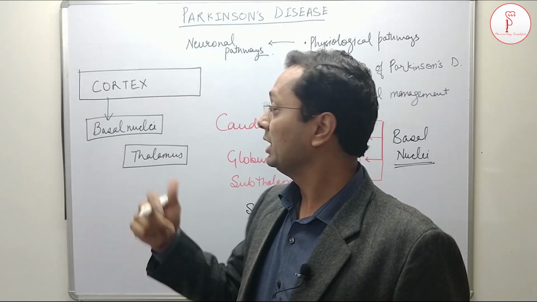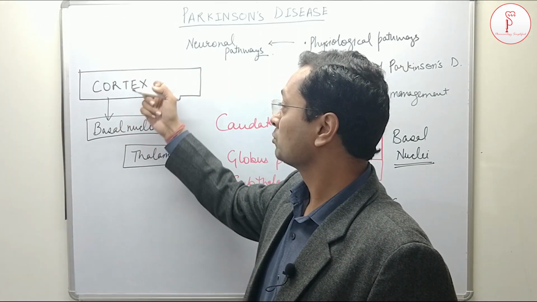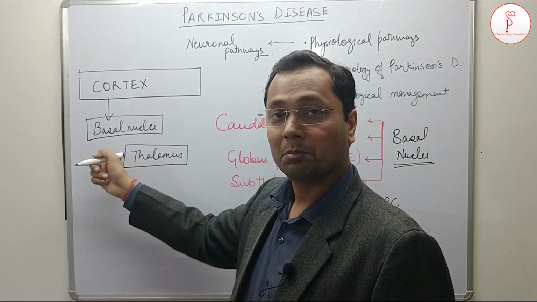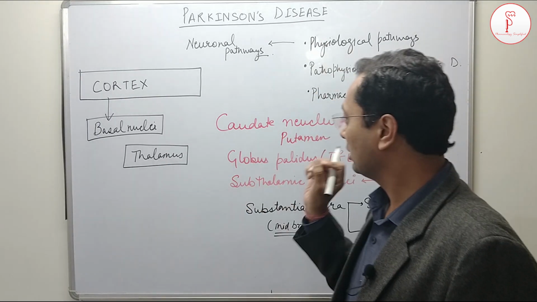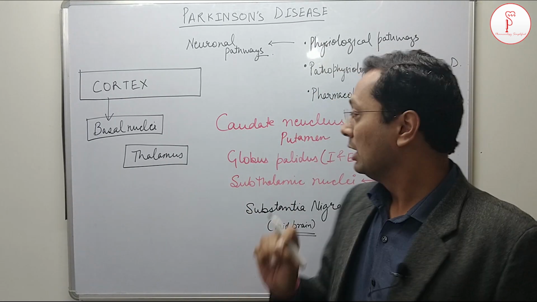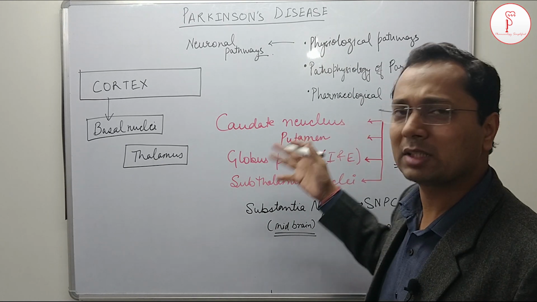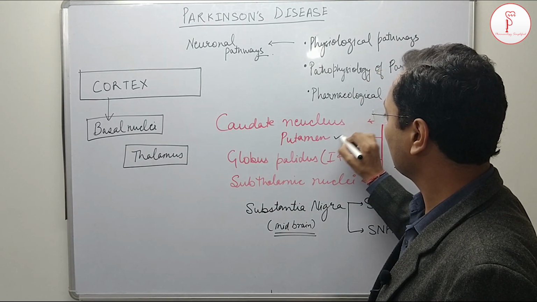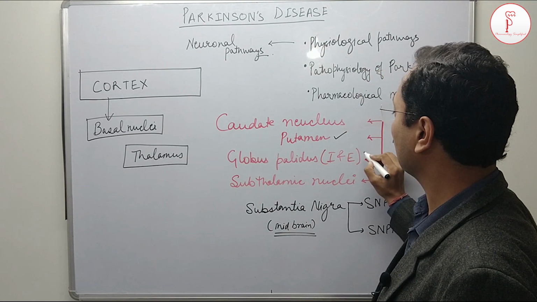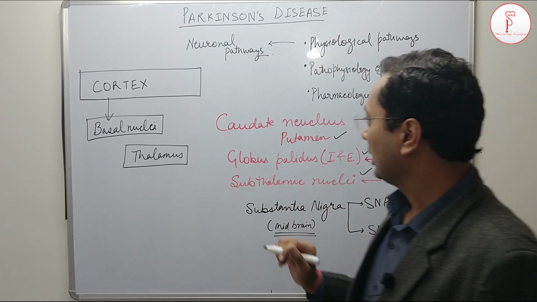There are several components of the basal nuclei, but primarily we would be discussing the caudate nucleus, which does not play a very major role in Parkinson's disease. We would be discussing the putamen, globus pallidus internal and external, and the subthalamic nuclei, right?